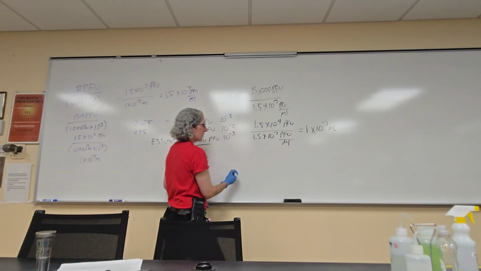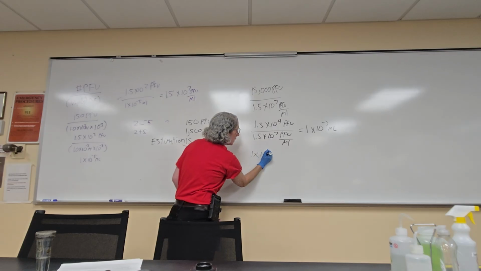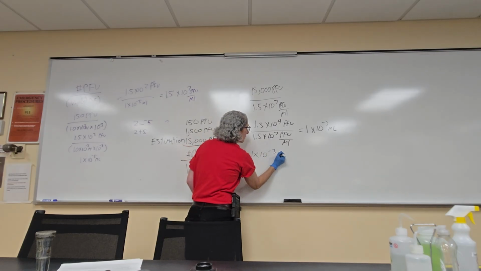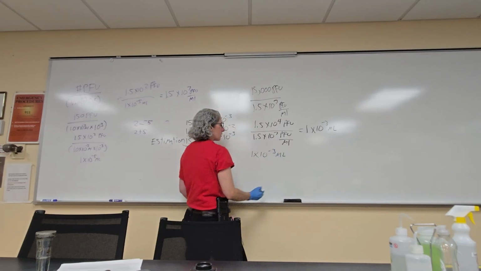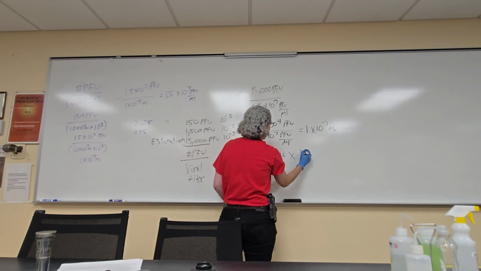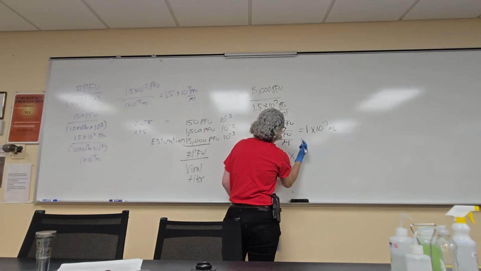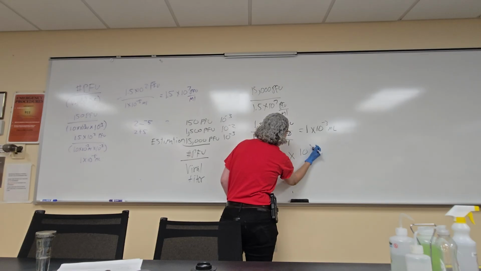So we have to use our conversion again. 1 times 10 to the minus 3 mils, and basically, 10 to the 3 microliters in 1 mil.